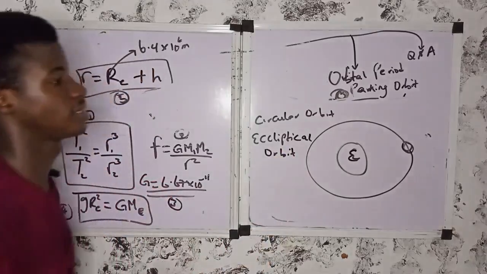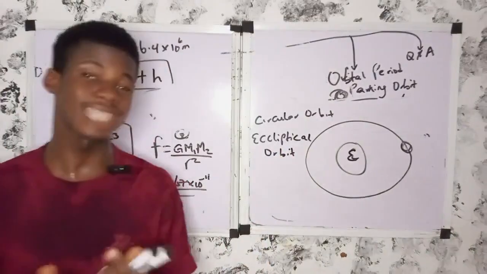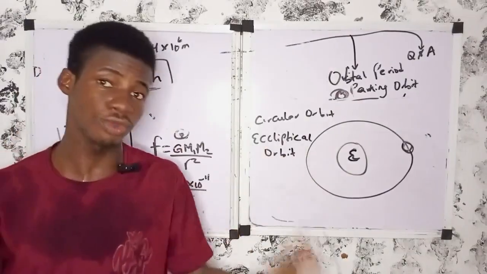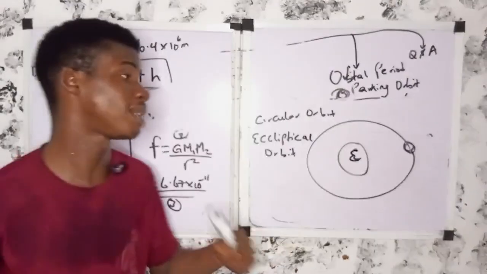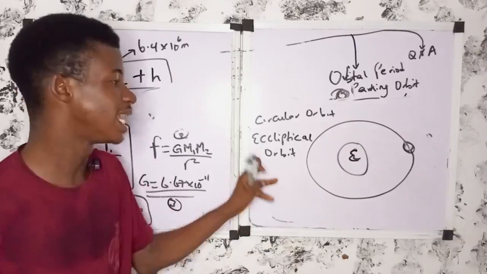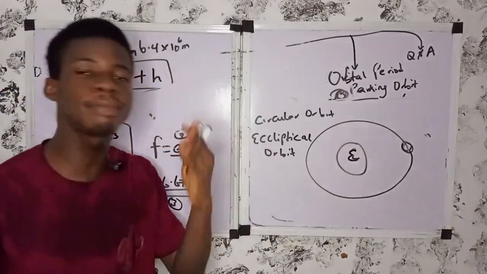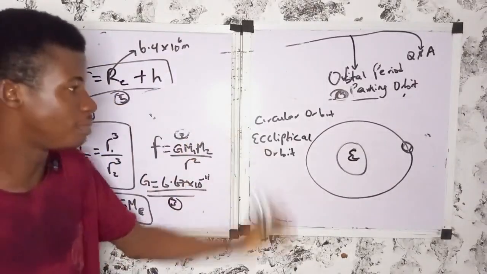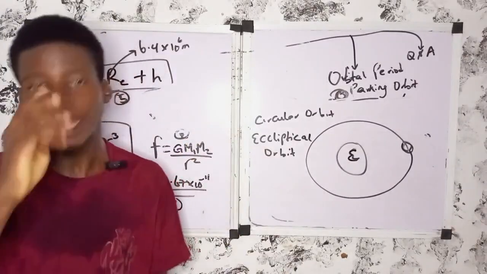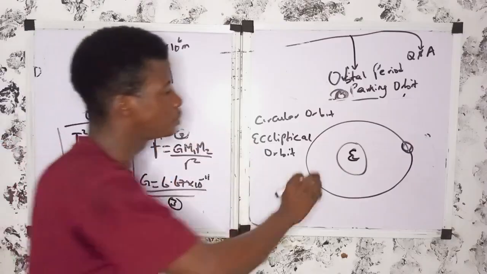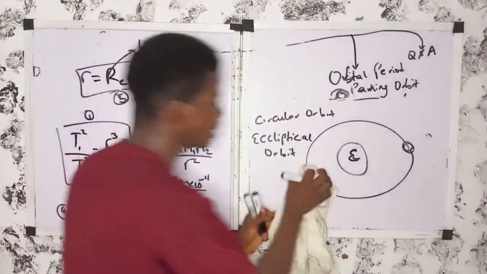Most satellites move in a circular orbit, while some might move in an elliptical orbit.